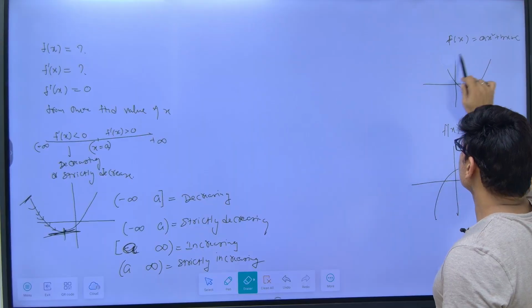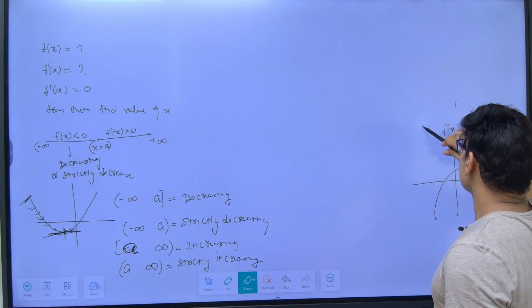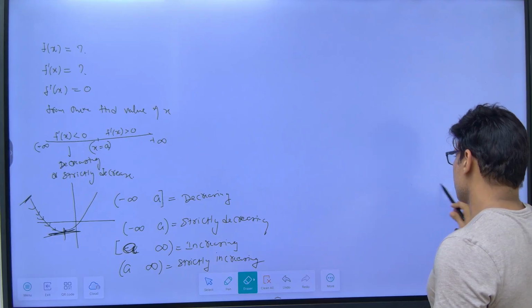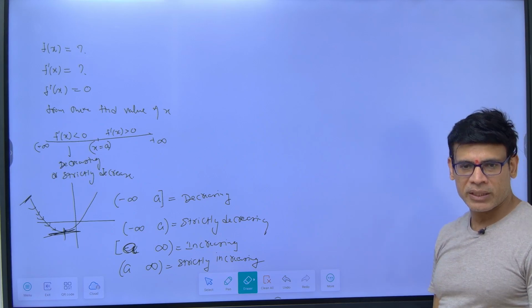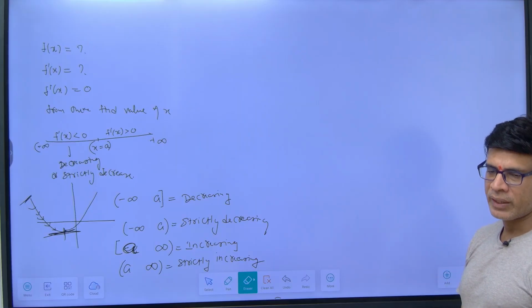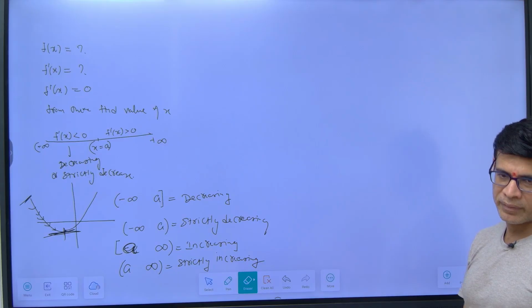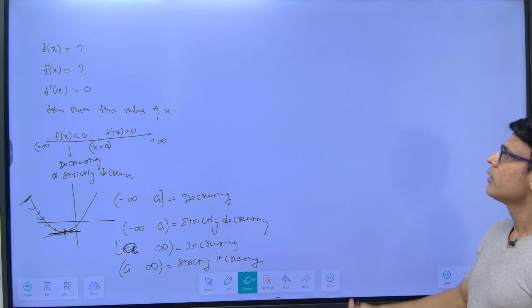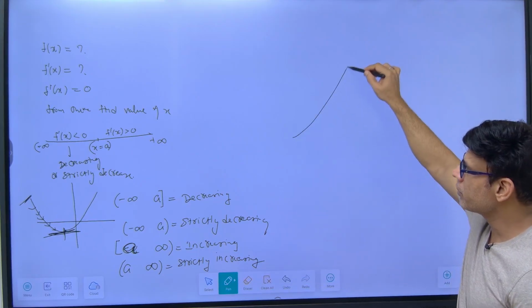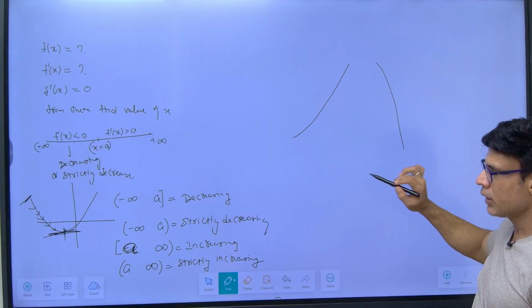Strictly means there is no break. Suppose you go from here to Margao without any break, not stopping anywhere. That is called strictly increasing or decreasing. But if you are going there and stopping at 2-3 places, that is called increasing or decreasing. So the graph of strictly increasing will be like this, or like this coming down.